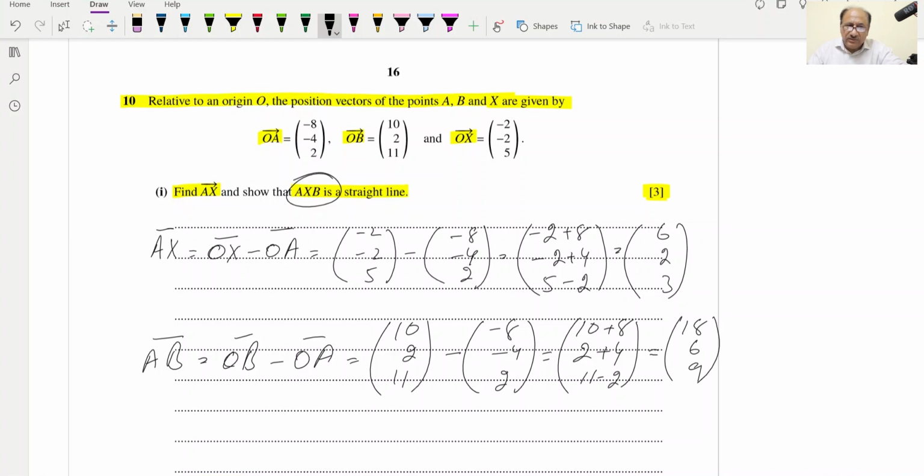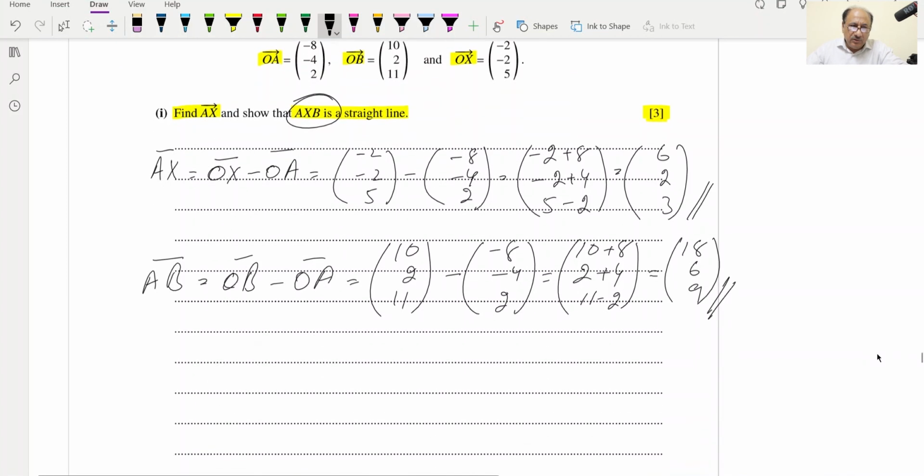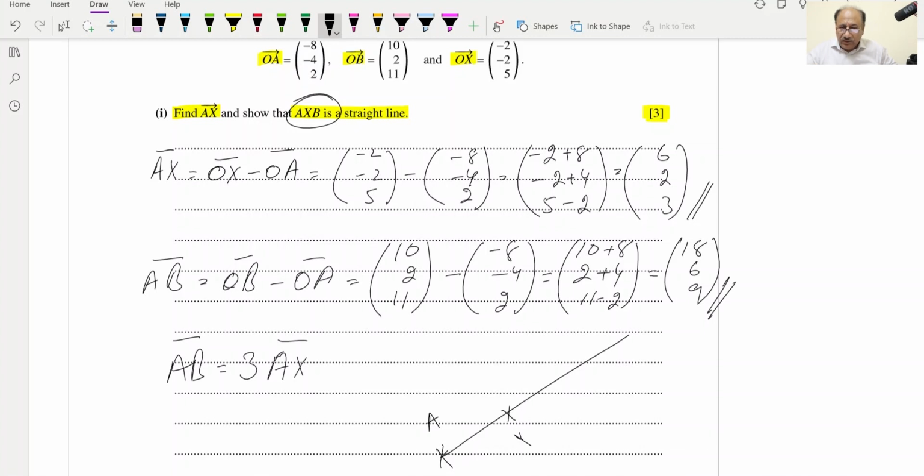So if we check this one, which is AX, and this one, AB, we will get that the AB vector is equal to 3 times AX. If we multiply AX by 3, we will get AB. So this is our A, this is our X, and this is our point B. So 3 times AX is equal to AB.